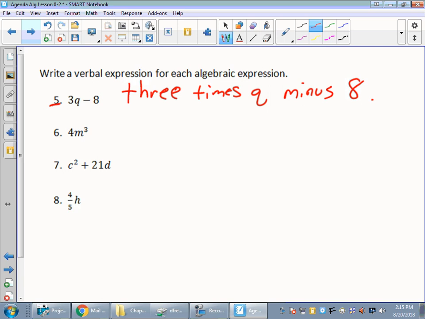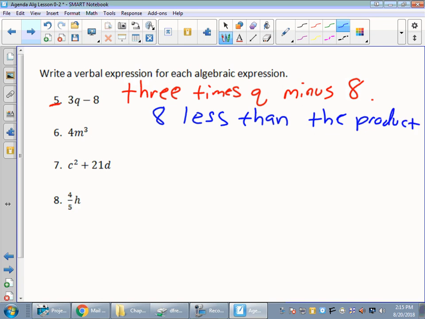Okay, that's one way. Another way you could write this is to say, as we did in the last set of problems, 8 less than the product, because they're multiplying, so the product of 3 and q.